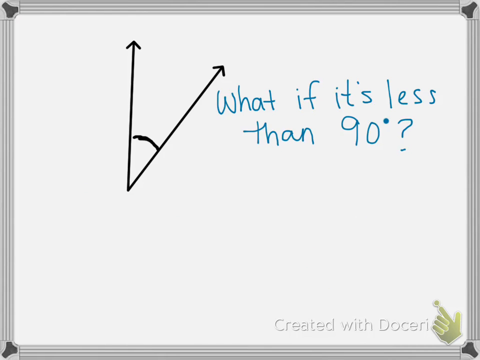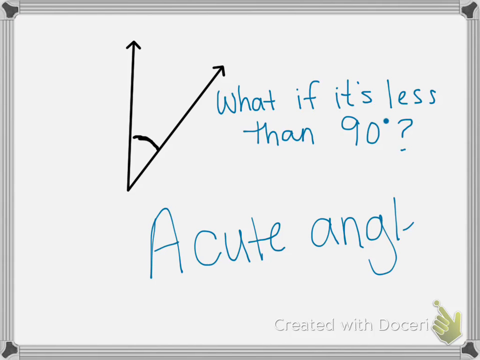So what if it's less than 90 degrees? What if our angle does not make a 90-degree square? Anything that's less than 90 degrees, we know is an acute angle. Again, this term should be familiar from last year, and you'll notice I have my angle symbol, my black line, going between the two lines that the angle is representing.